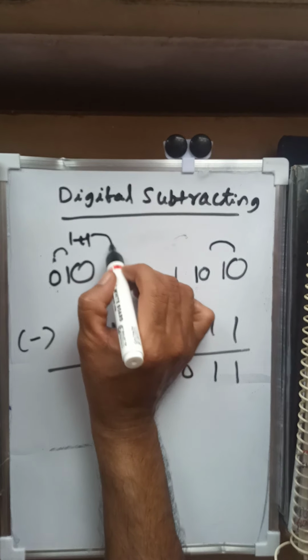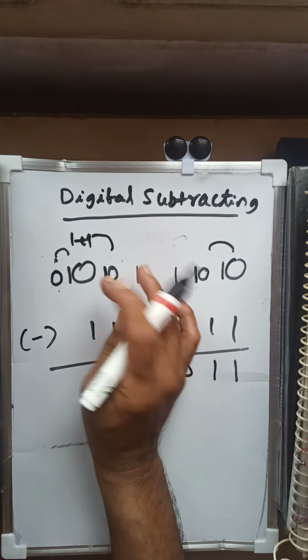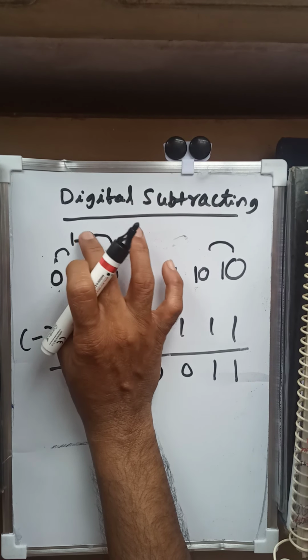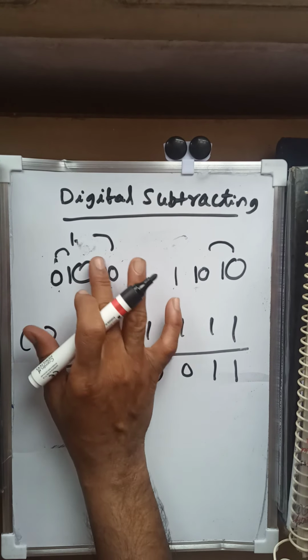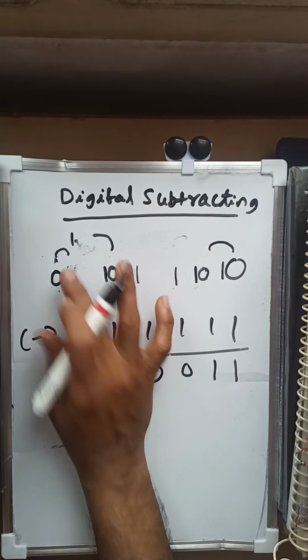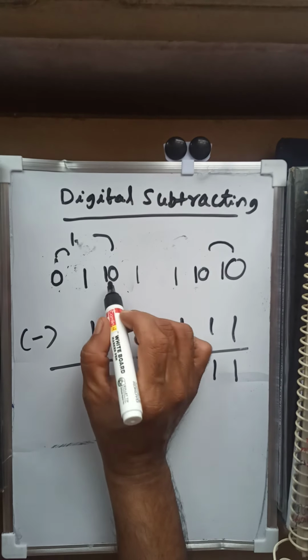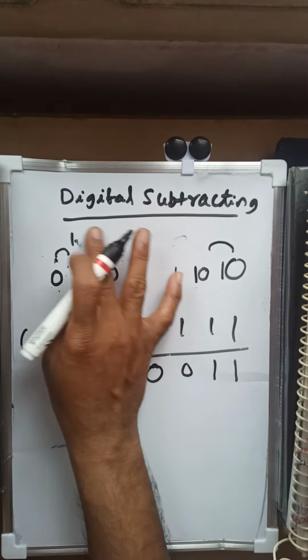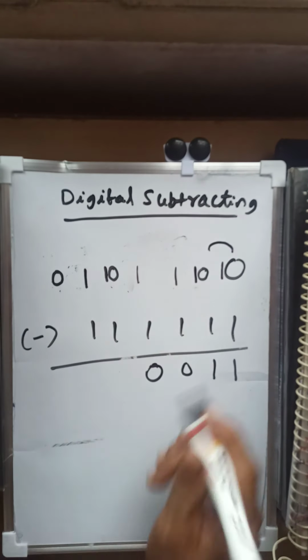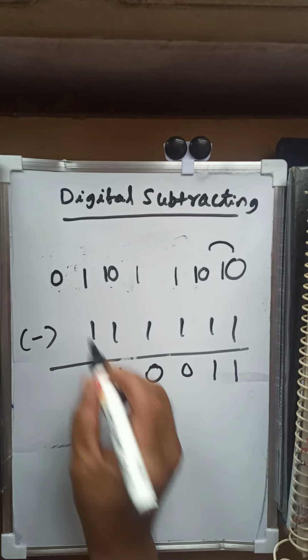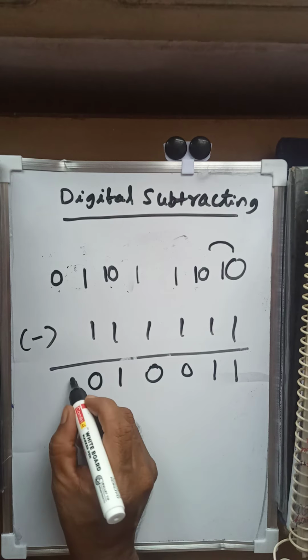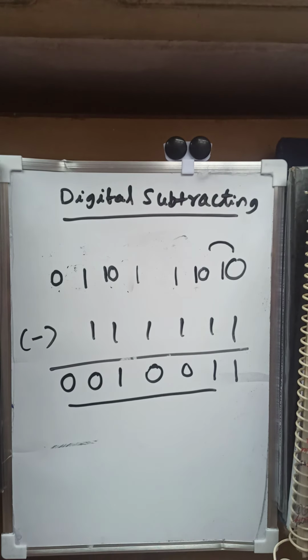So 1 is supplied as a borrow, and it becomes 1. Now this becomes 2, and 2 minus 1 is 1. 1 minus 1 is 0, and this is 0. So this is the final answer of the subtraction.